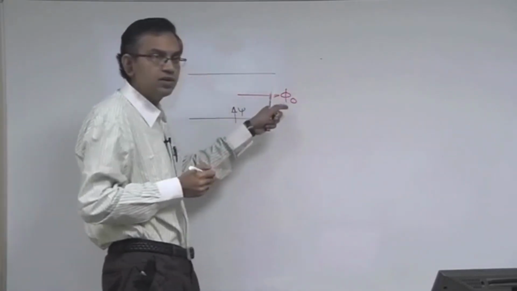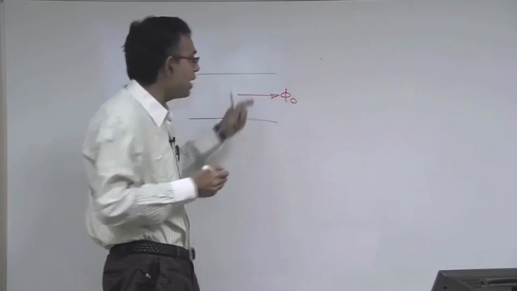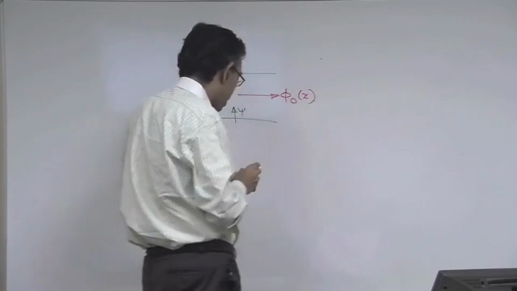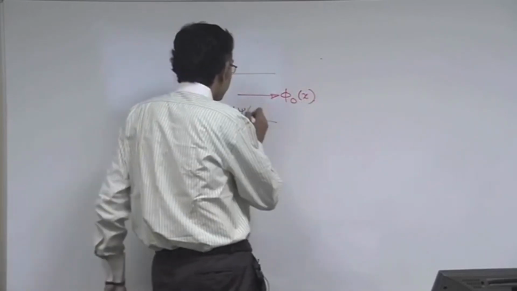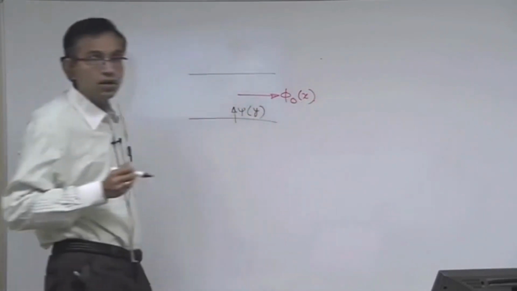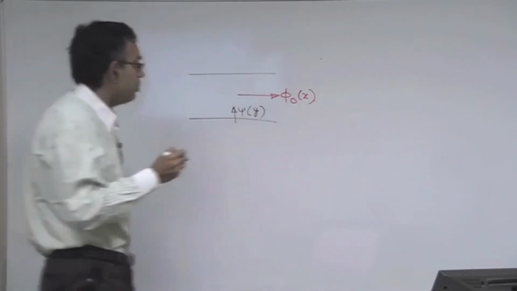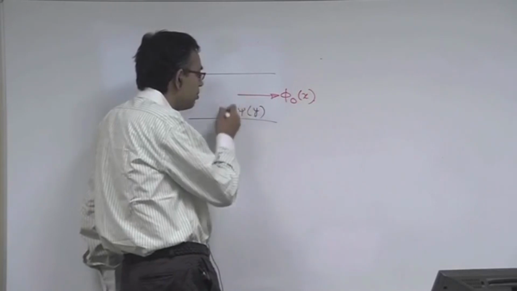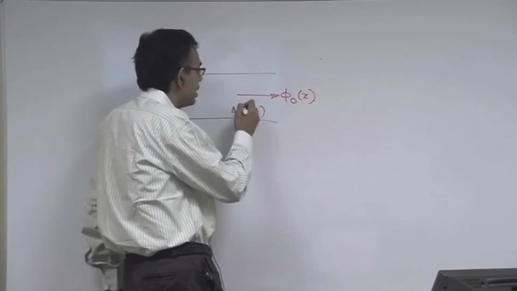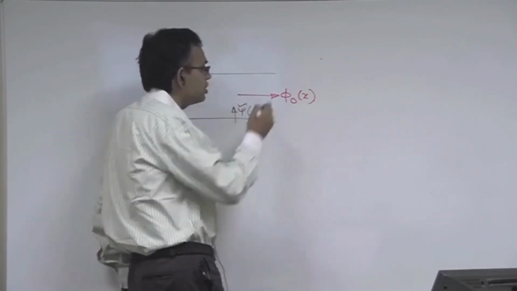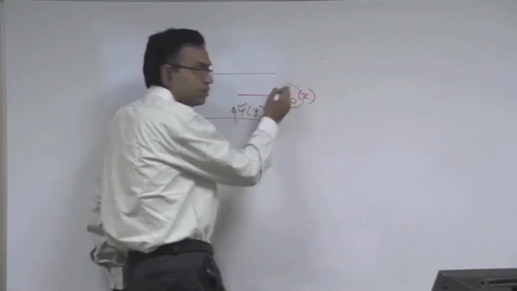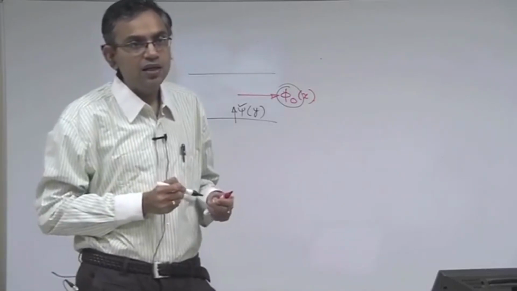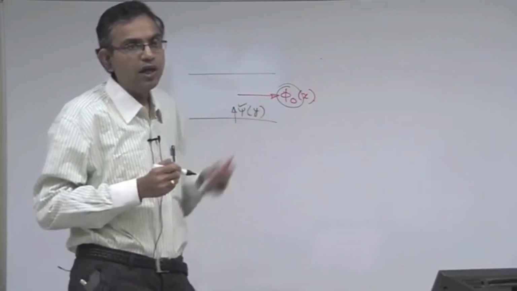It is a field, so it is not constant; phi naught is a function of x and psi is a function of y. So the question is, when we considered the potential distribution and number density distribution within the electrical double layer, we considered only psi but not phi naught, but phi naught may be there. Even if it is there, it is typically not what we have considered.